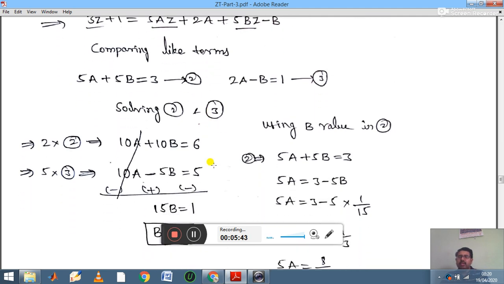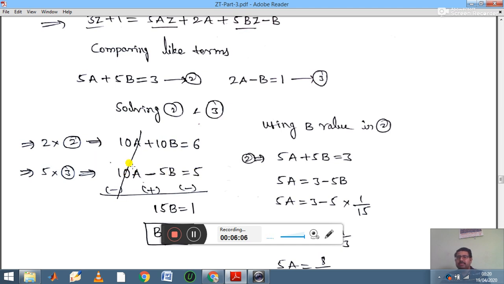Here while solving I am multiplying equation 2 with 2 and equation 3 with 5. Therefore 2 into equation 2 gives 10a plus 10b is equal to 6, and multiplying 5 to equation 3, you are getting 10a minus 5b is equal to 5.